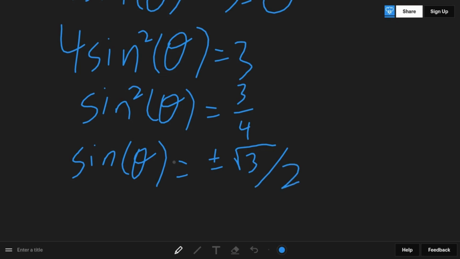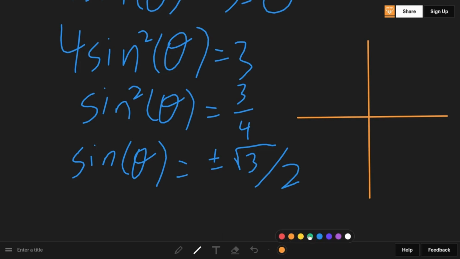And then since we got two angles, something that helps me a lot is making a quick sketch of a unit circle to find where that would be. It's not a great circle, but it's still alright.